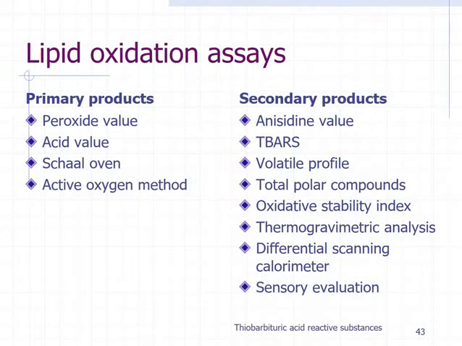Acid value usually is more a direct product of hydrolysis, when the fatty acids are broken down, or hydrolyzed, from the glycerol, so they form free fatty acids. So if you want to measure those, you measure the acid value.